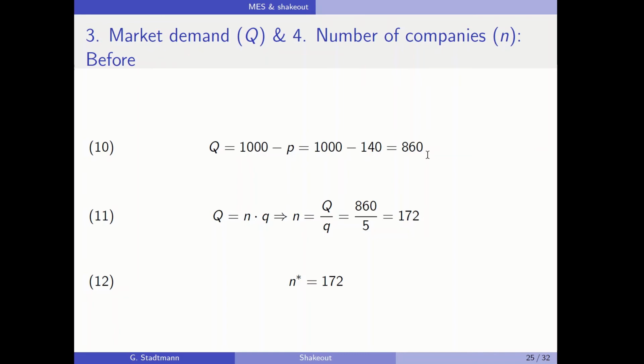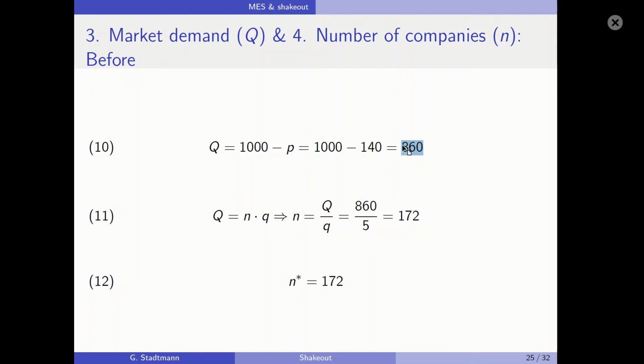860 units will be demanded, but will also be supplied by the market, and hence the quantity supplied will also be equal to 860.